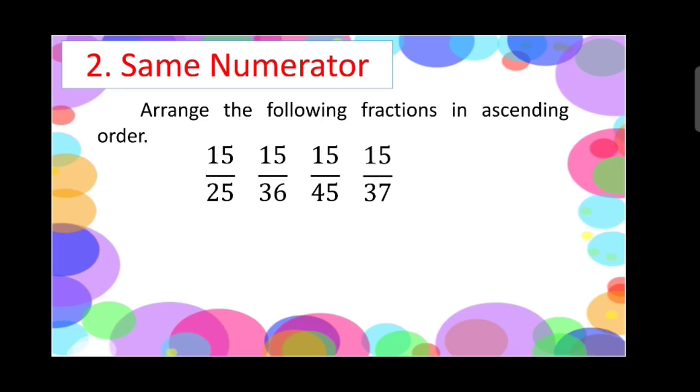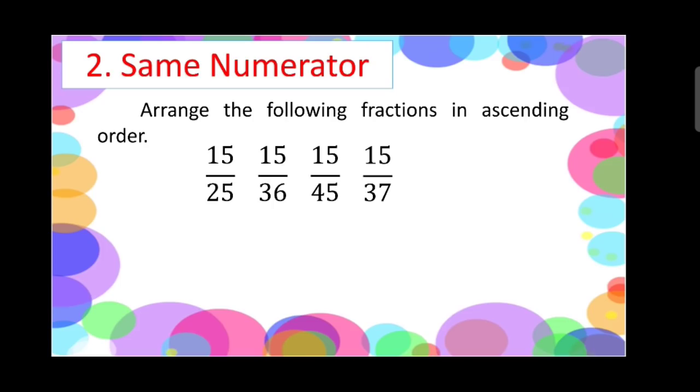Titingnan natin yung denominator. Di ba, sabi doon, the bigger the denominator, the lesser its value. Ibig sabihin, kung malaki yung value ng denominator, maliit naman yung value niya. So, sino pinakamaliit na value dyan, do you think? Di ba? Si 15 over 45. Pinakamalaki naman, si 15 over 25.